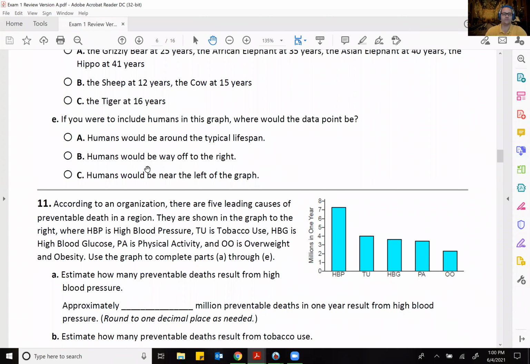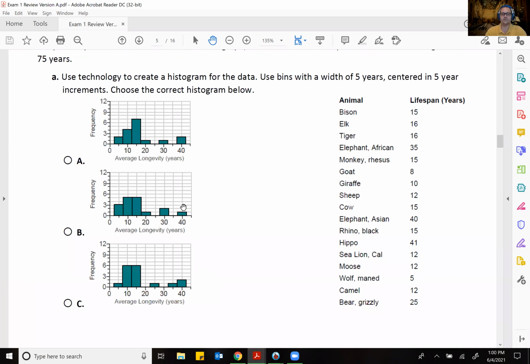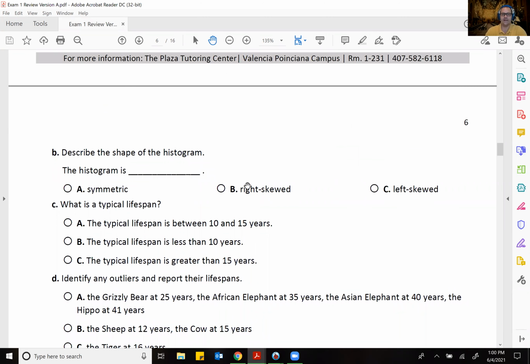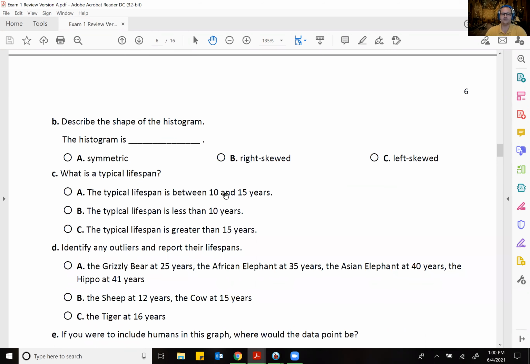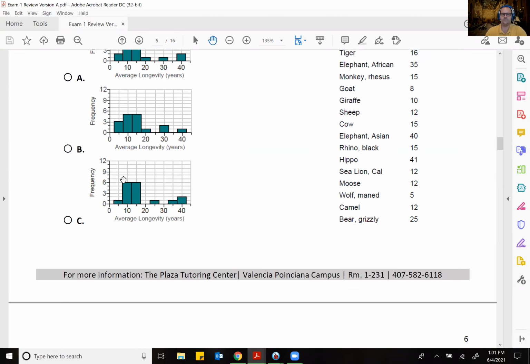So going back through this, just to make sure that you know all the answers. C was the answer we chose for our histogram. Then we chose B, that it is right skewed. Then the typical lifespan is A, because we're between 10 and 15.